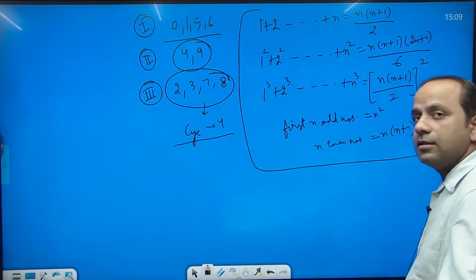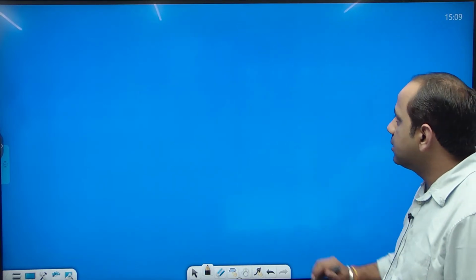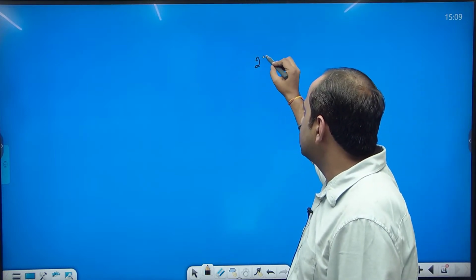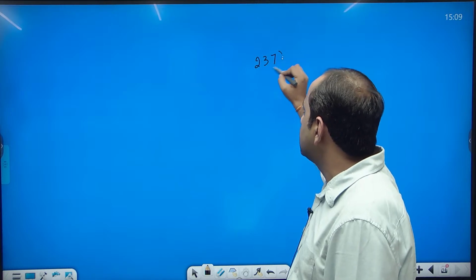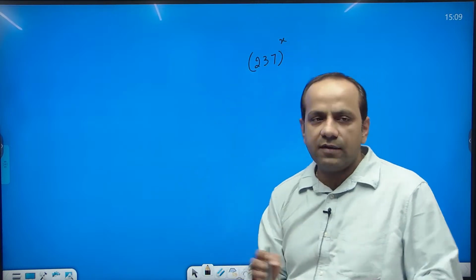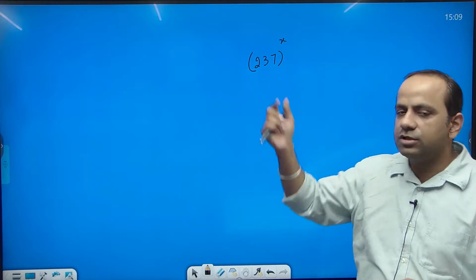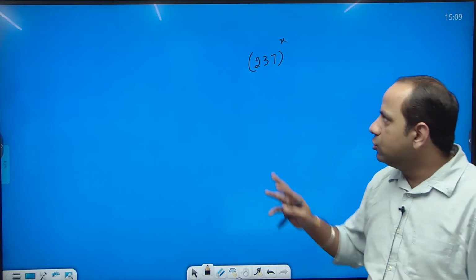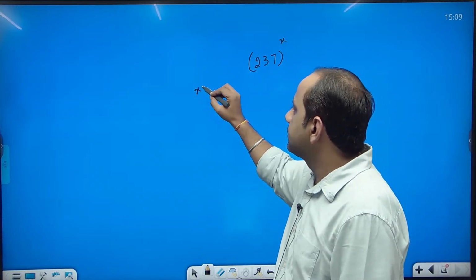Just understand this concept when the remainder is 0. So see what I am saying, if a number is 237 raised to the power x, first of all you have to check the base. The base here is 237. Does this belong to the first, second or third category? Third category. So you have to divide the power by 4.